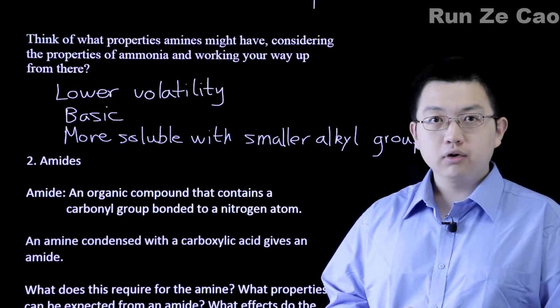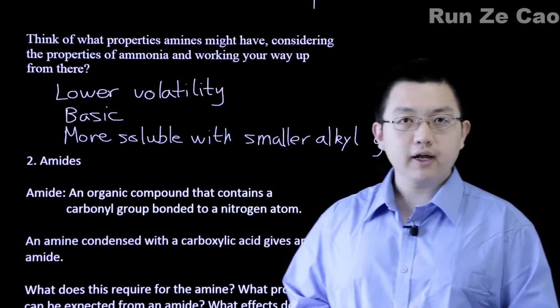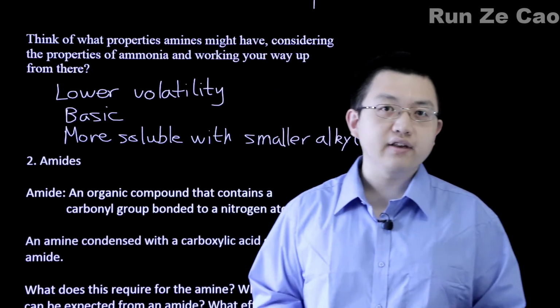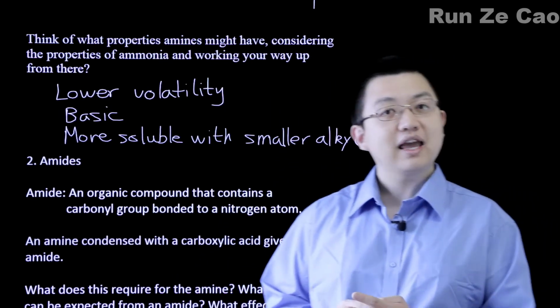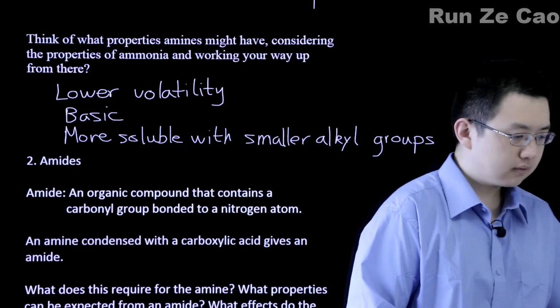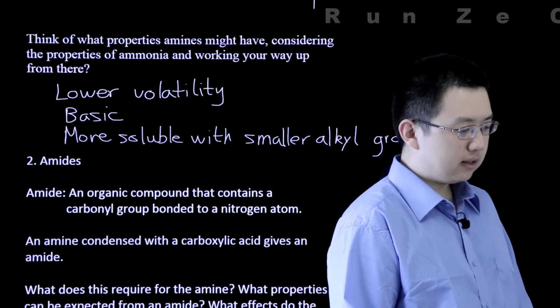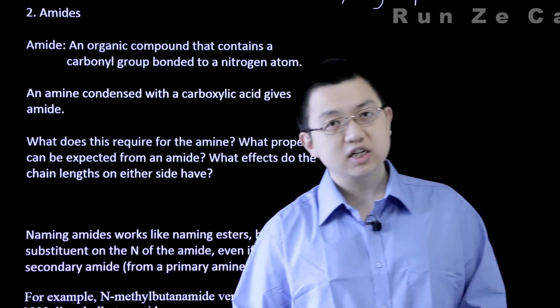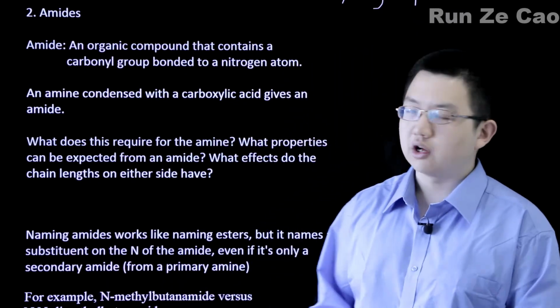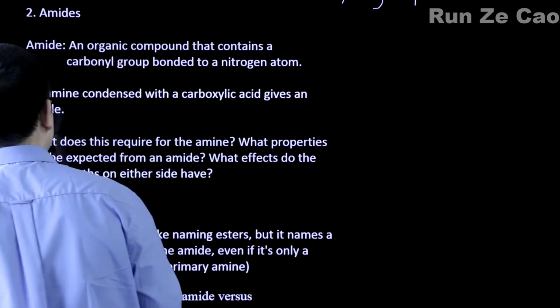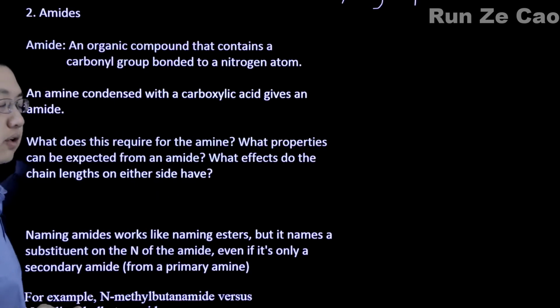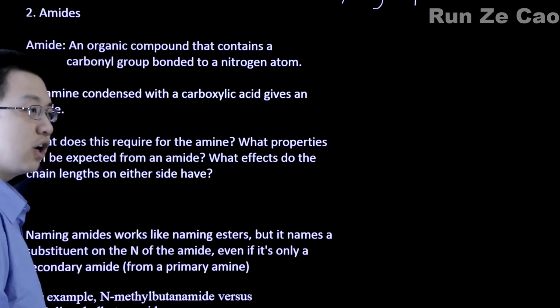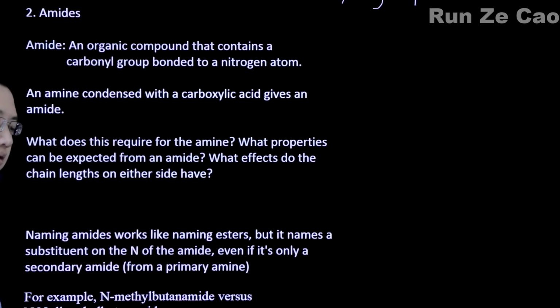Because a symmetric molecule doesn't have an overall polarity, unless it ionizes, which trimethylamine admittedly can do. So it's a little bit more complicated than with alcohols when it comes to solubility. But in general, smaller alkyl groups is still more soluble. So, amines. We don't need to concern ourselves too much with the solubility rules for amines yet.